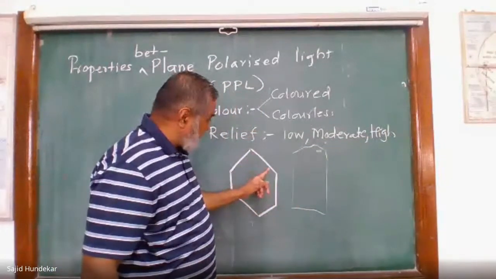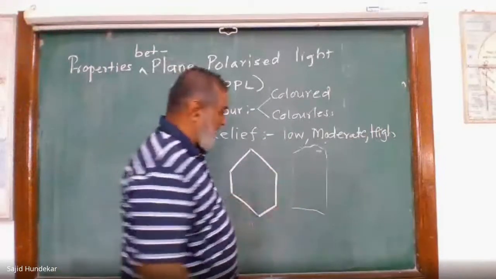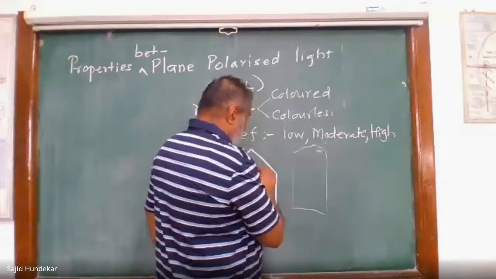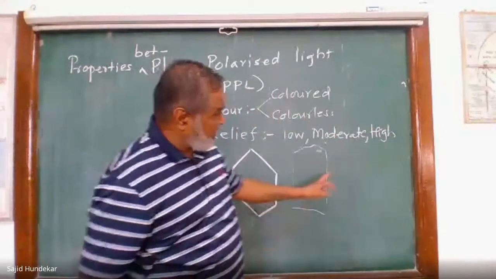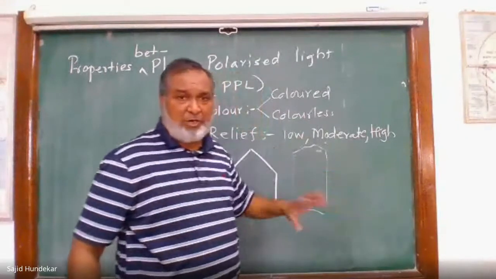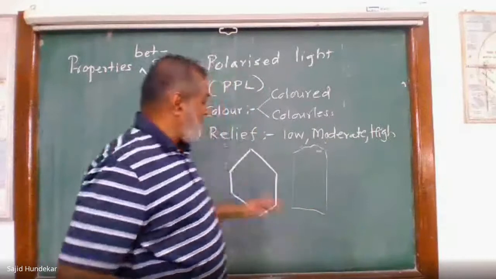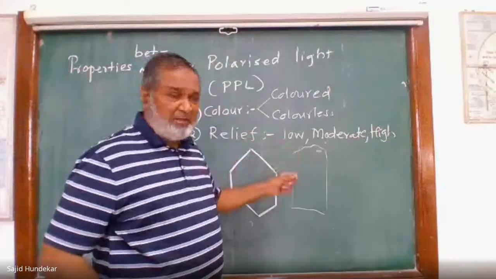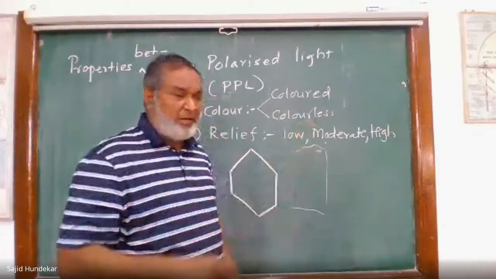The outline is very thick in one, but very thin in another. This is a moderate one, and this is a high one. In this one you can't see the mineral outline, whatever the shape of the mineral is, we could not recognize. Then this is called low relief.